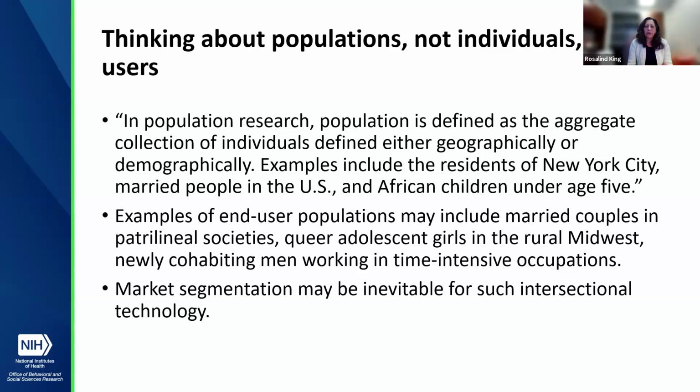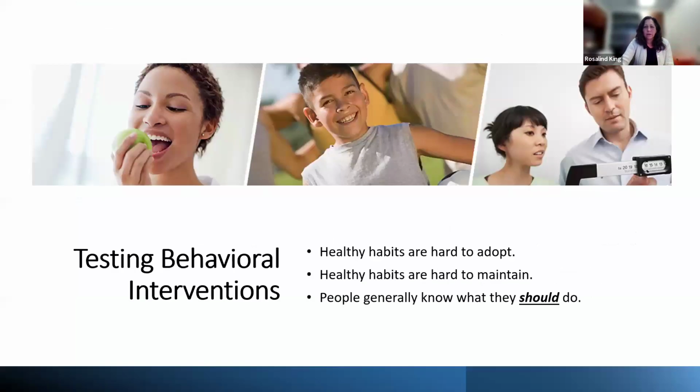This framework can also be useful when you're wrestling with the issue that individuals may shift in and out of being end users for a product as their biological and interpersonal needs change. But there's always going to be a group with those characteristics, and you can think of that as your target audience.